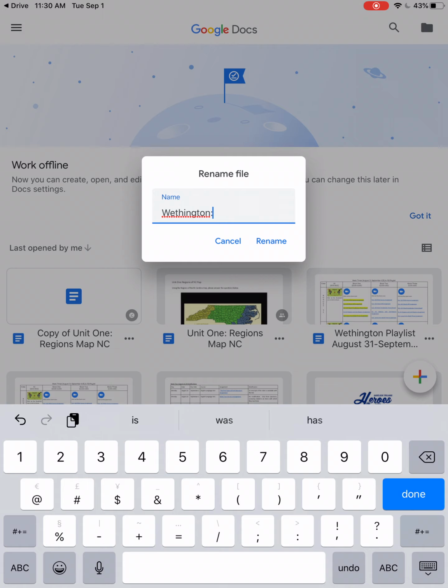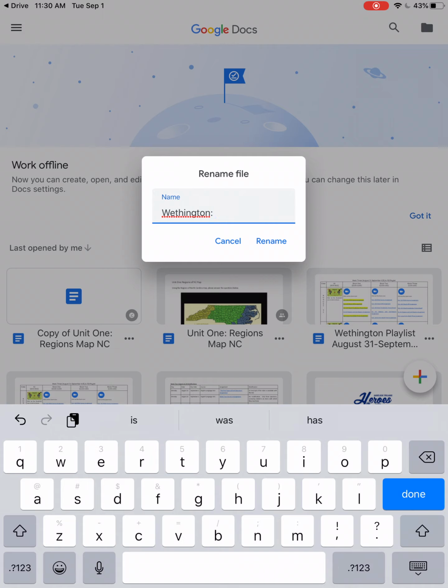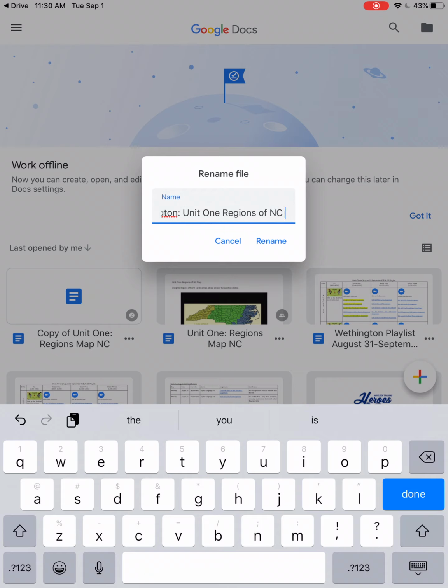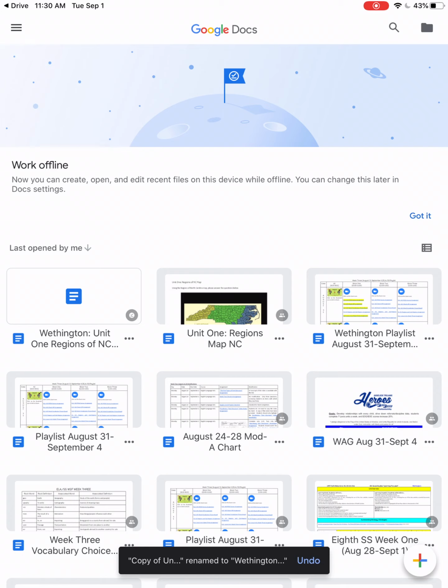So it should have your first and last name, Unit 1 Regions of NC map. Alright, so we've renamed that.